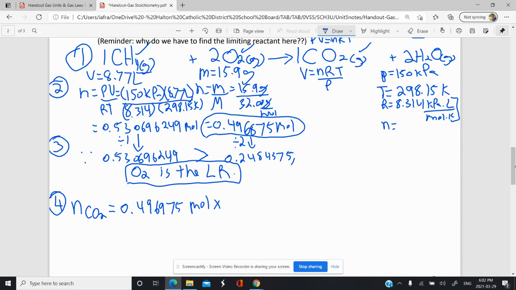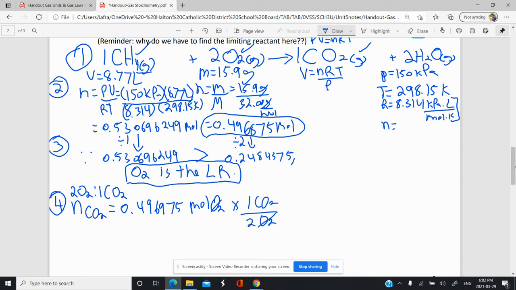times, let me write down the ratio actually, so it's 2 O2 for every 1 CO2 times, I should put moles of O2 here. Let me just erase that to make it nice and neat. Mole O2 times 1 CO2 for every 2 O2.